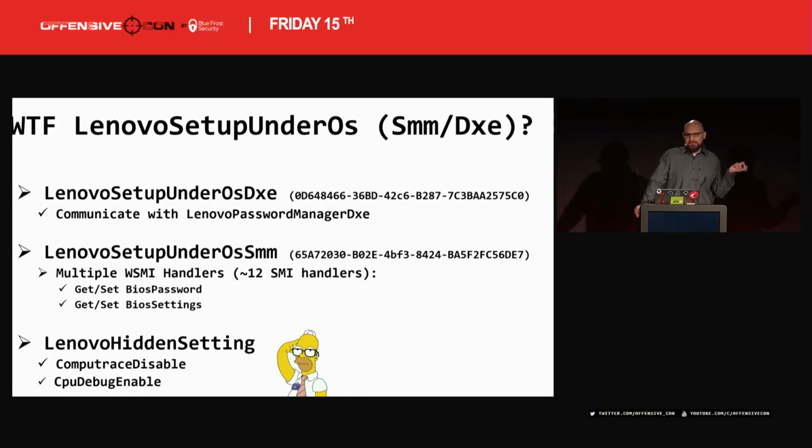And for me, it was interesting to look more at the Computrace disable and enable feature, because I reverse engineered Computrace in my previous research back in 2016, presented at Black Hat Asia, rootkits, actually, myths and realities of UEFI rootkits. Yeah, I already forgot the name of the talk.